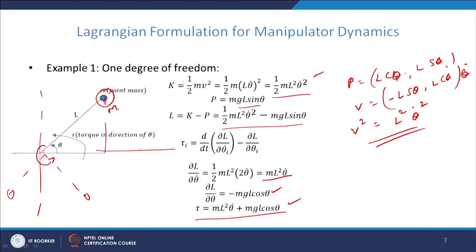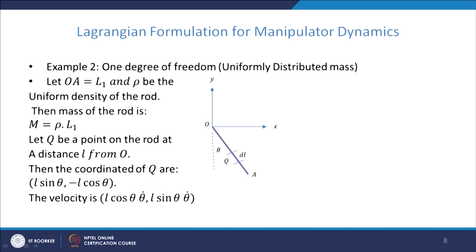In this example we have measured the angle from the x axis up to the pendulum, but if we take the vertical line, the negative y axis, as the 0 degree angle, and then from there we measure the angle up to the pendulum, then also we can construct the dynamic equation in the similar manner.